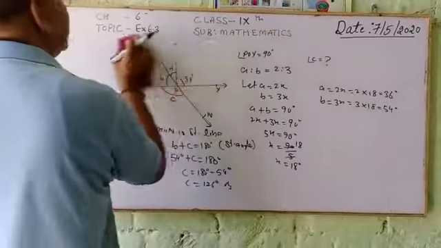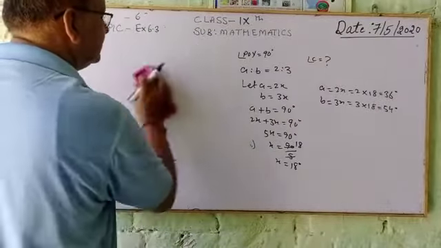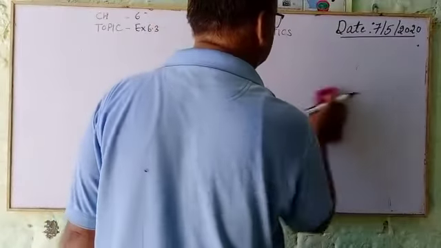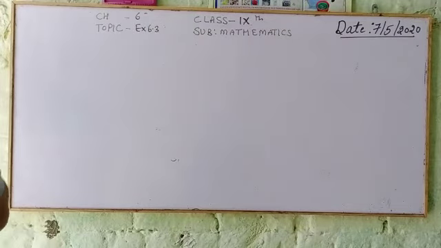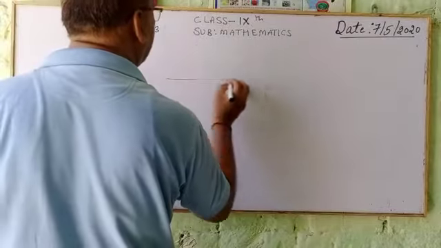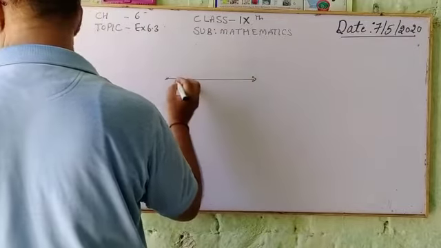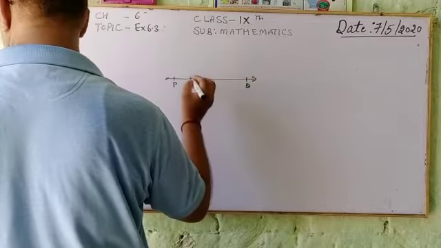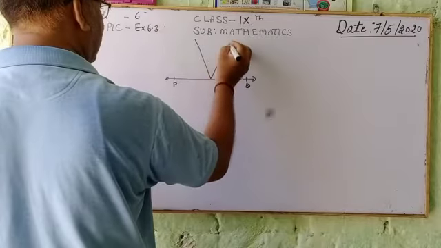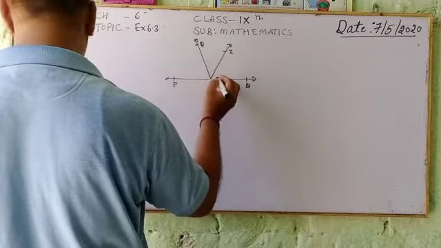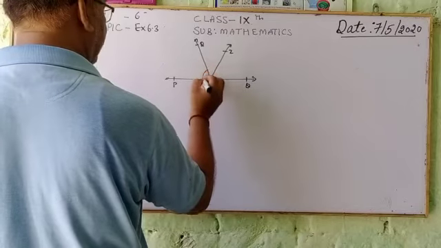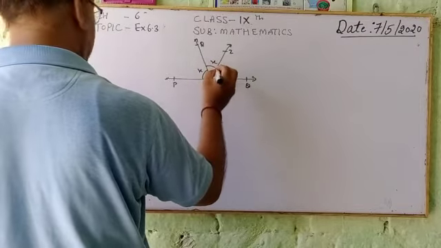We are taking another question. Given figure, P, Q and 2 rays Q, Z, Y. We are given that x and x become equal and 64.